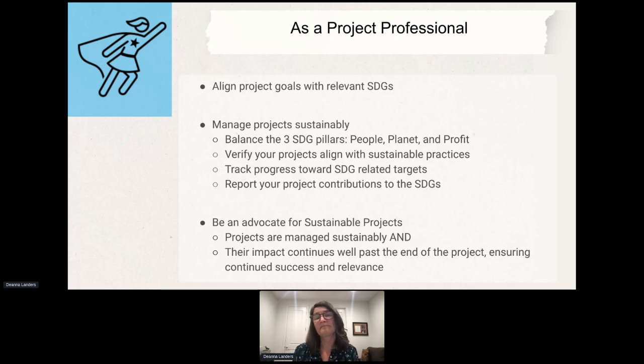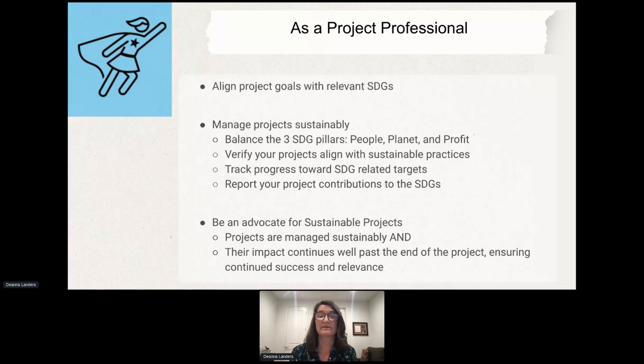Verifying that our projects align with sustainable practices, such as waste reduction, responsible sourcing, energy efficiency, responsible consumption. All of these concepts are out there and pretty well known by us, but we don't necessarily always consider them in our work projects.